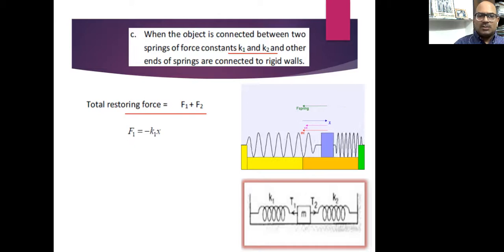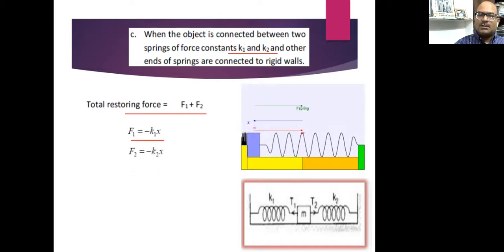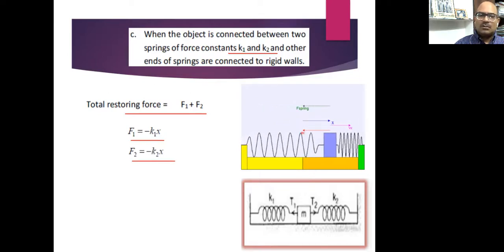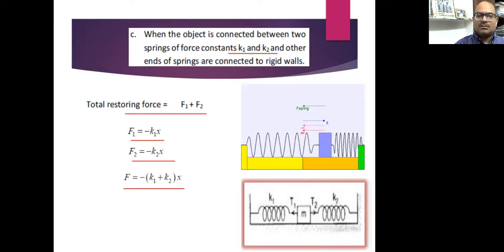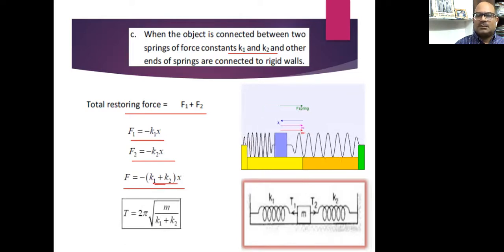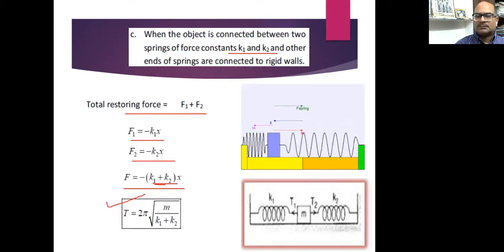Here F1 is due to the first spring, so it is equal to minus K1x. F2 is due to the second spring, so F2 is equal to minus K2x. And as a result, F is equal to minus (K1 plus K2)x. So we can easily find it by equating this to the acceleration part.